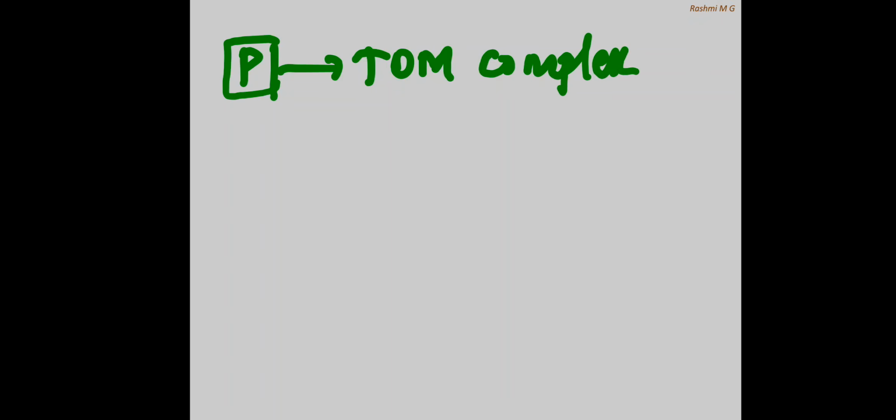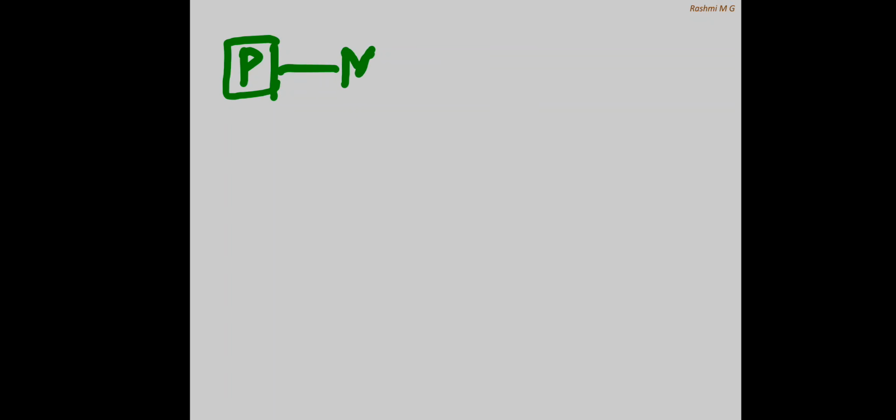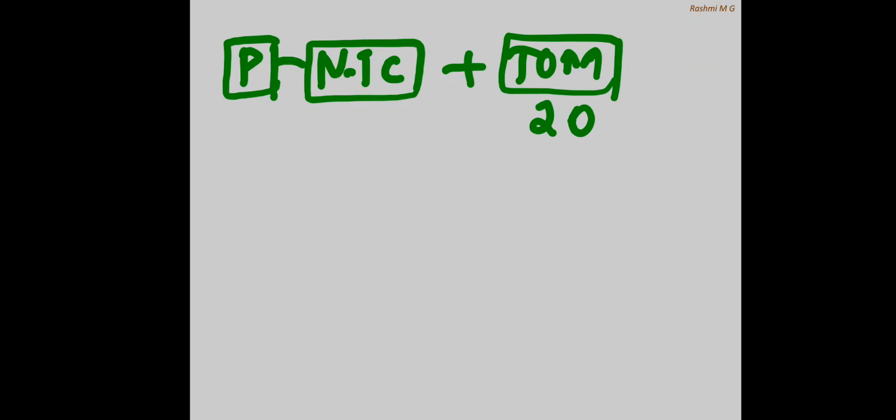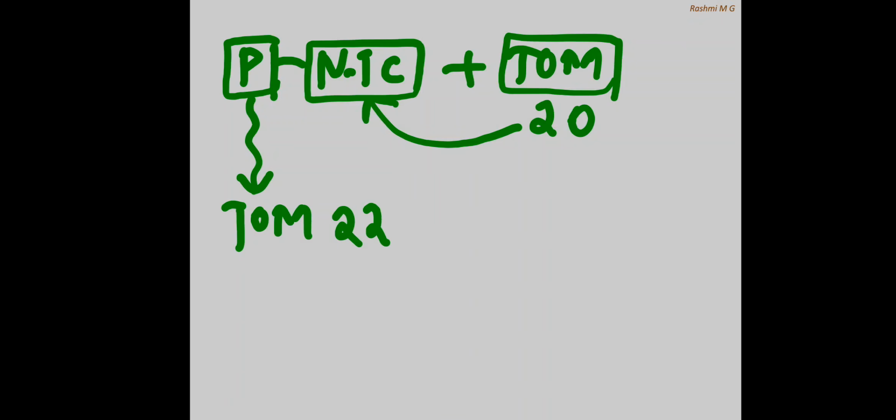The protein which is having an N-terminal cleavable matrix targeting sequence is recognized by Tom 20 of the Tom complex. It recognizes this pre-sequence and transfers the precursor protein to the central Tom 22 complex.